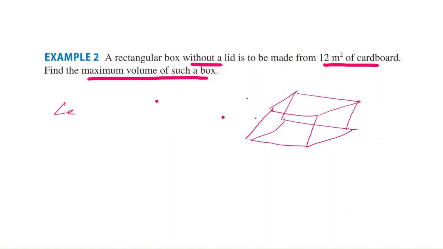The lid open means the top alone is open. So it means this is not closed. All the other sides are closed like this. That is, the lid is open; this side and back side, bottom also.